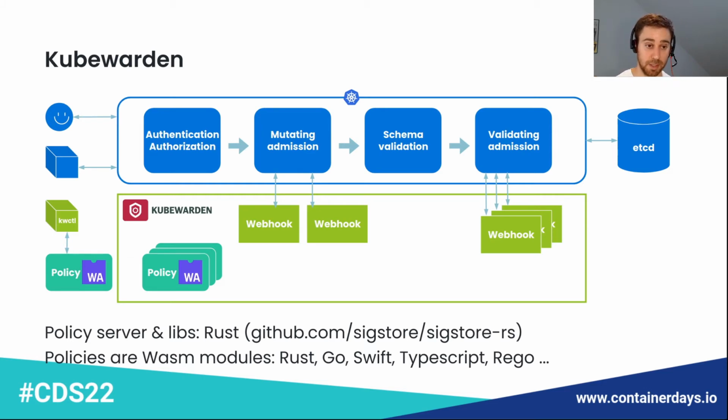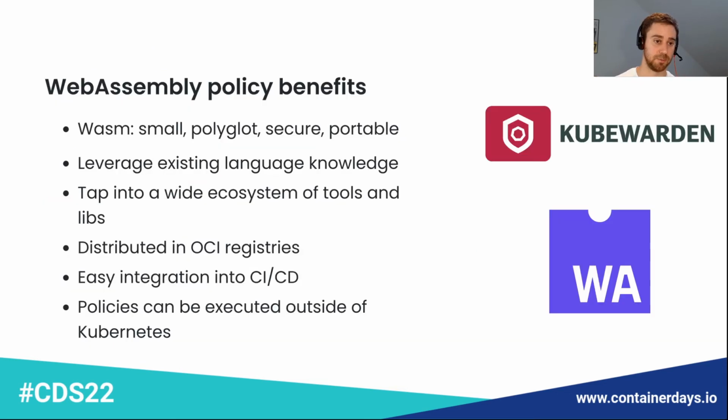They are WASM binaries, which means that every language that compiles to WASM can be used as a policy. In this case, for example, Kubewarden provides SDKs for Rust, Go, Swift, TypeScript, Rego, and OPA policies, and so on. You can just write your own SDK with the things that we provide if we don't support your language yet. And why this is important, we're going to see. This will simplify things in the future for signatures.